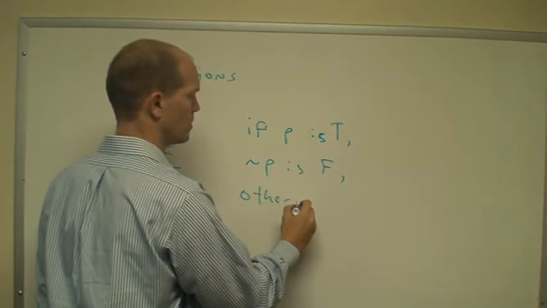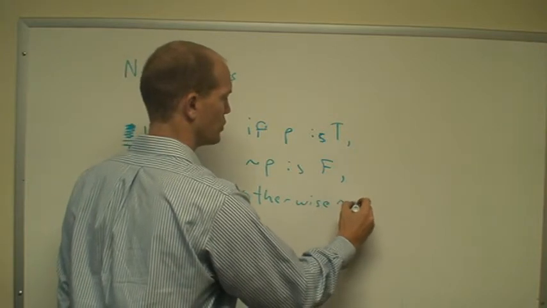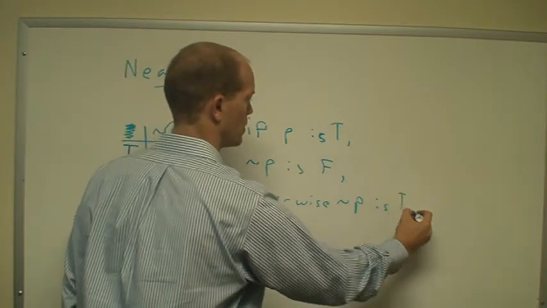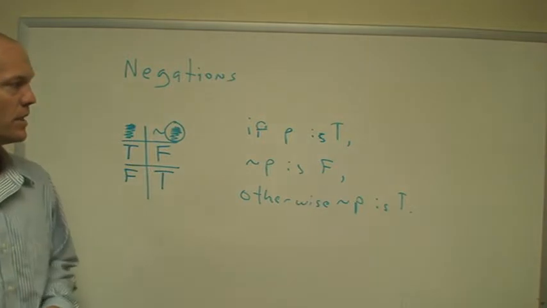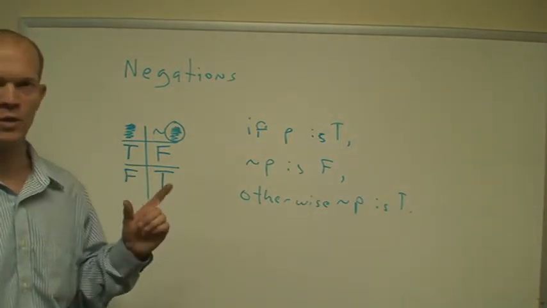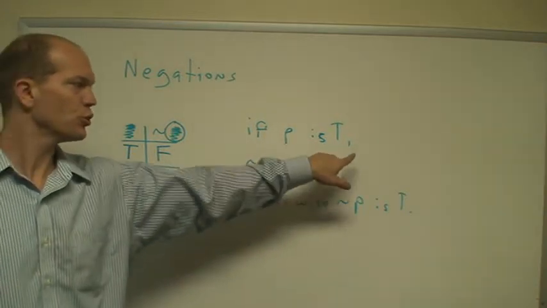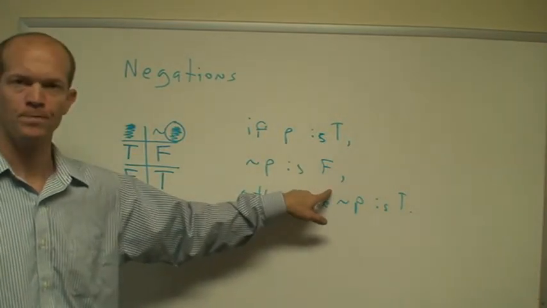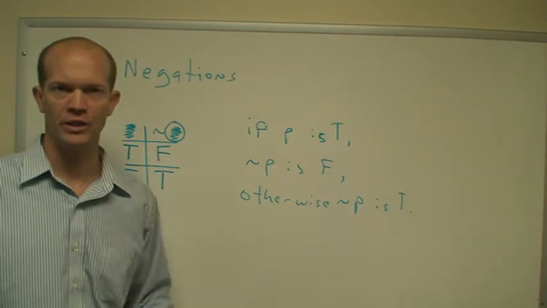Otherwise, the negation of P is true. Again, to reiterate, another way of looking at this, and this is a little strange to do by hand, we'll see why we want this later. If P is true, the negation of P is false. Otherwise, the negation of P is true.